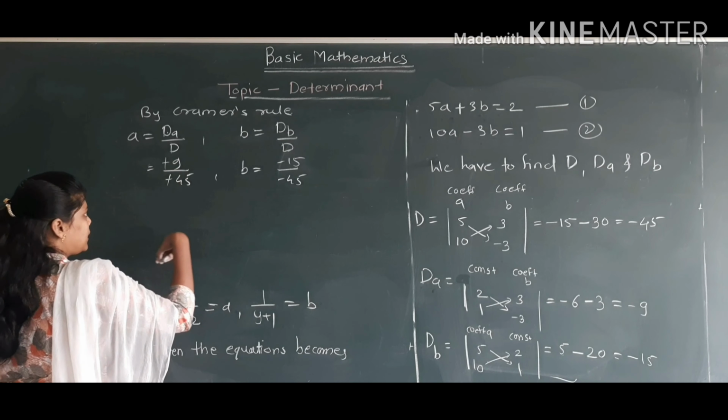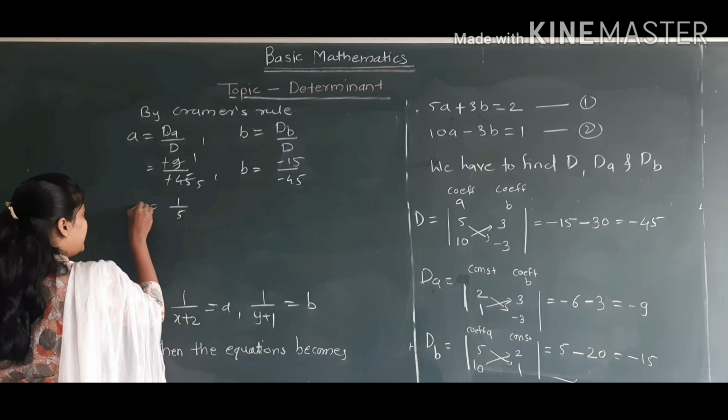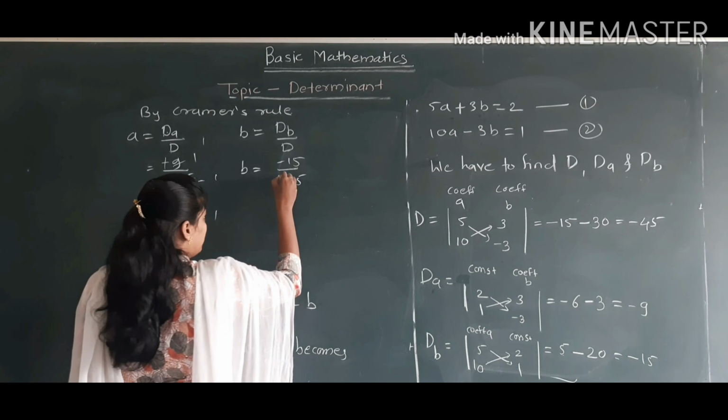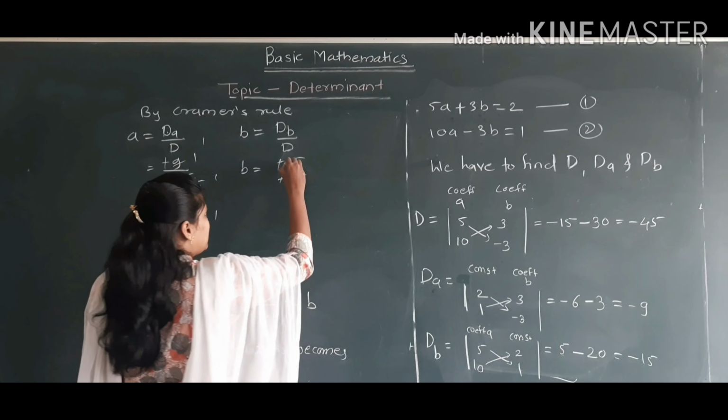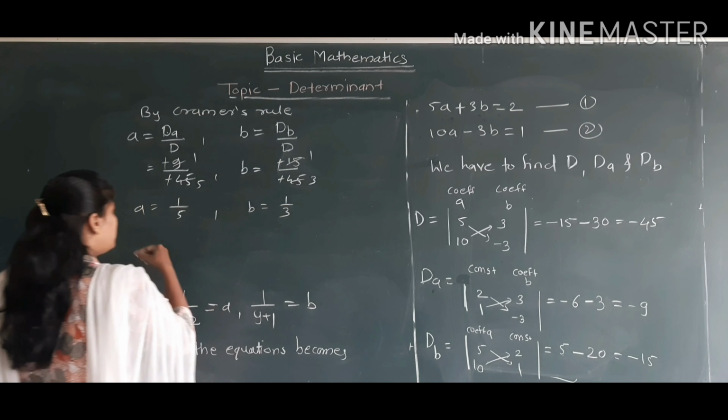Minus minus get cancelled. 9 fives are 45, so a is equal to 1 by 5. Minus minus get cancelled. 15 threes are 45, so b is equal to 1 by 3.